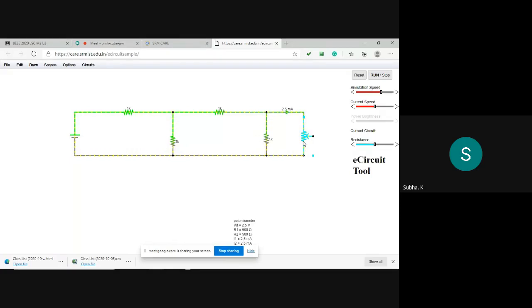I should be able to vary the slider from the right side panel, the scroll bar. You can check how it varies if I am varying the slider. Yes or no, are all able to observe?